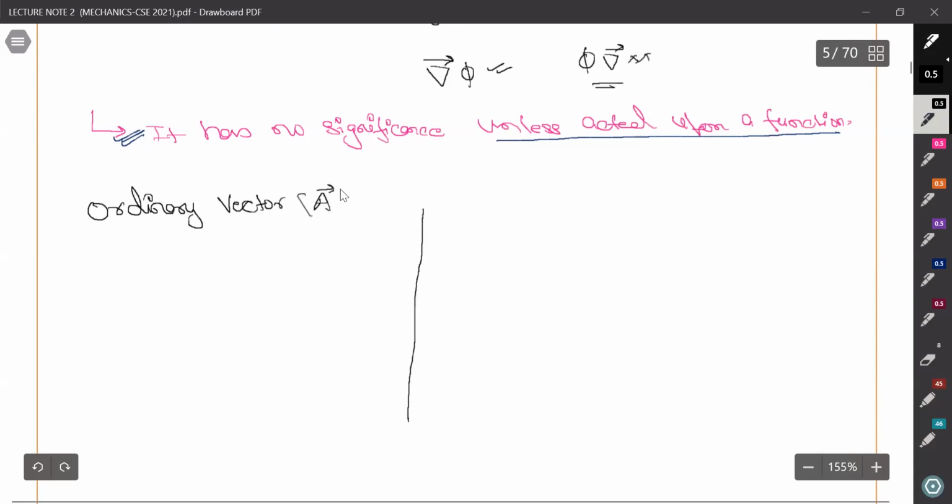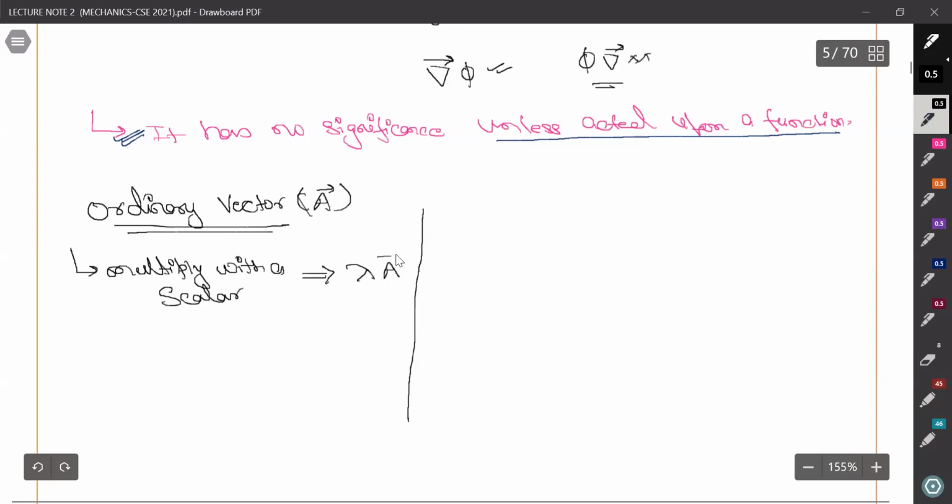So suppose we have an ordinary vector A, what can we do with A? We can multiply it with a scalar lambda, and that will give us lambda A.